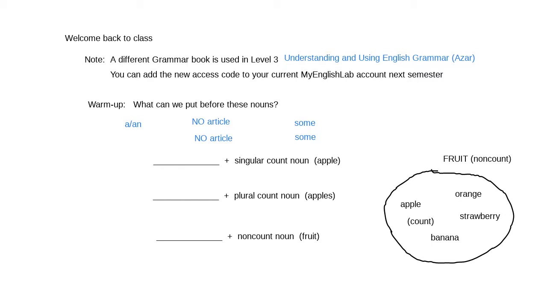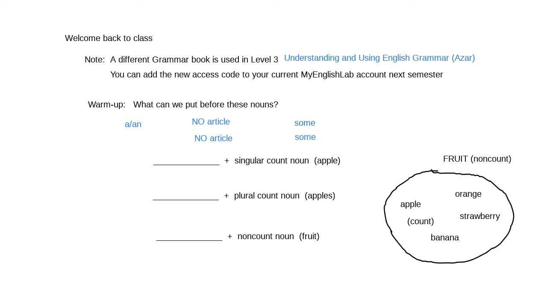Fei Young asked in the last class about the grammar book for level 3. You guys remember that? Okay, so I found out that it is going to be a different grammar book. It's called Understanding English Grammar. It's the same author, Betty Azar, but it's a different level of book.